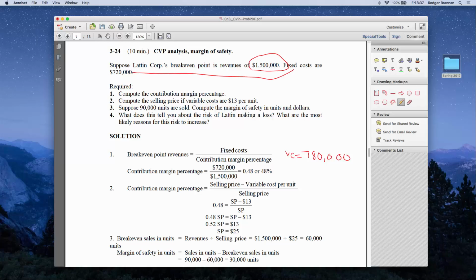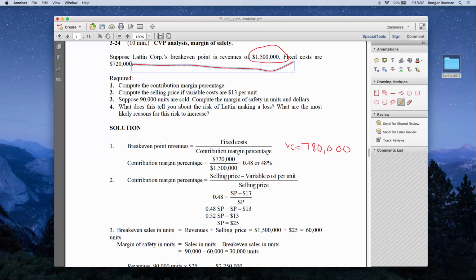Likewise, we know the fixed cost is $7,200. Therefore, my variable cost must be $7,800. That's just a matter of identity. It also means that at the break-even point, the contribution margin equals the fixed cost, so my contribution margin is going to be $720,000.